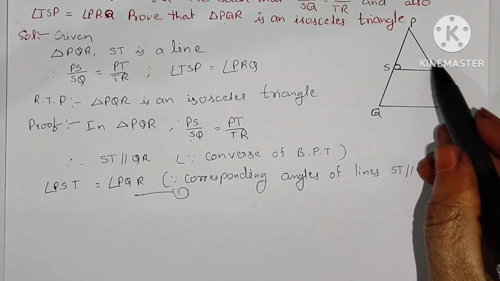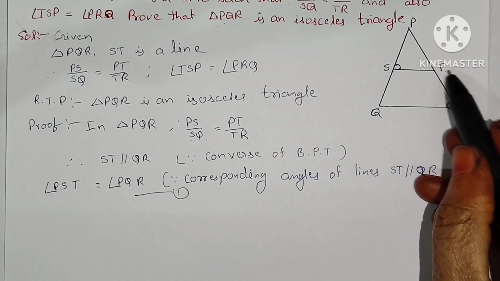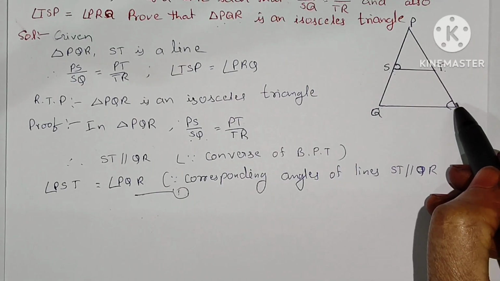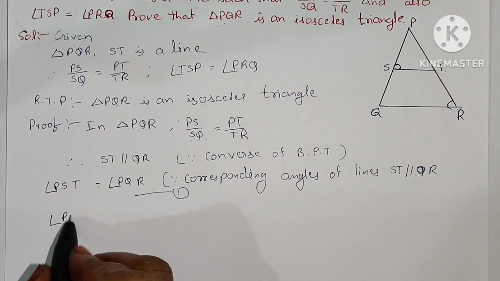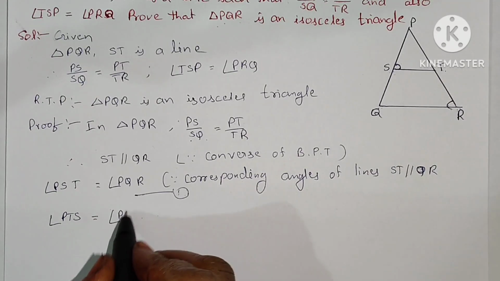Next, ST is parallel to QR and TR is a transversal. So angle PTS equals angle PRQ.